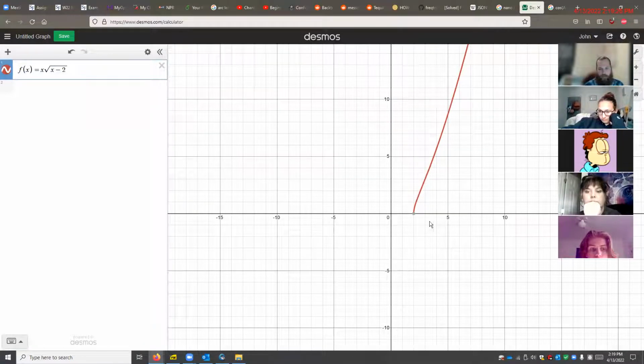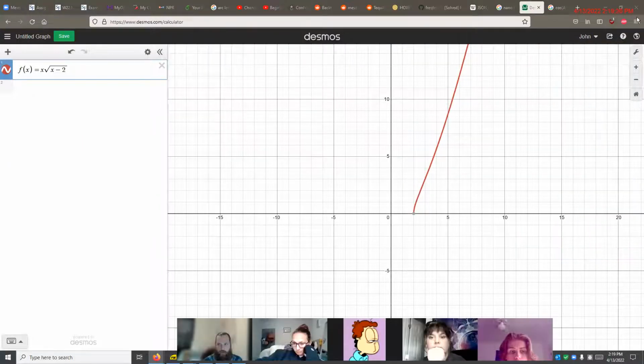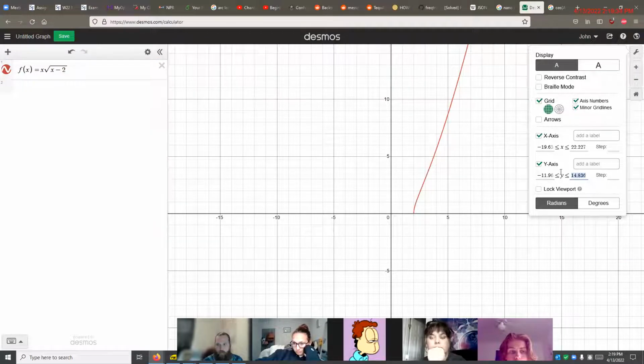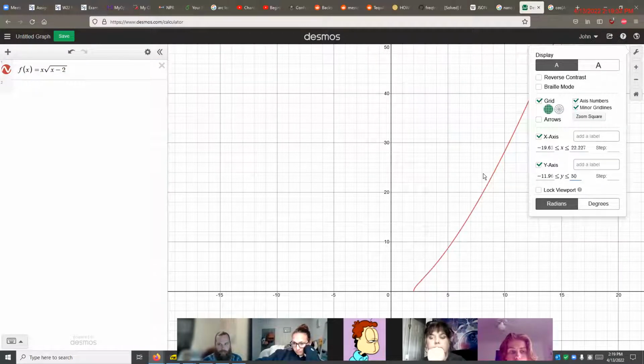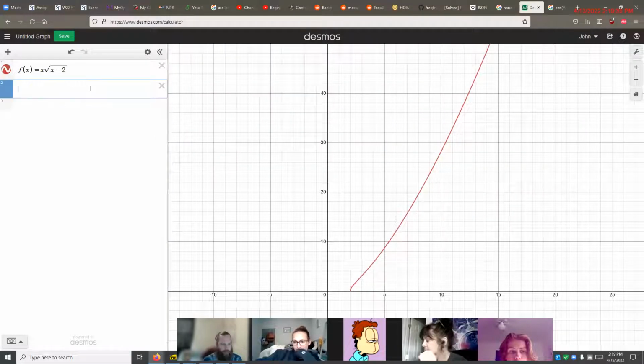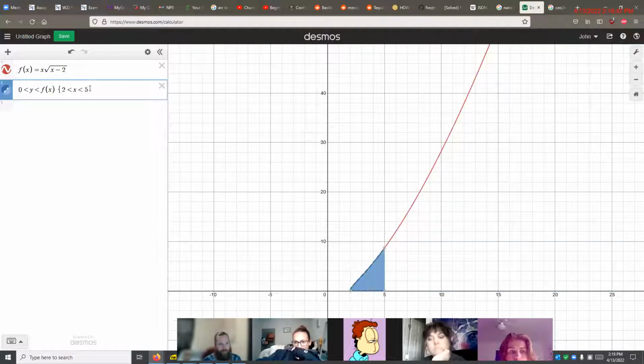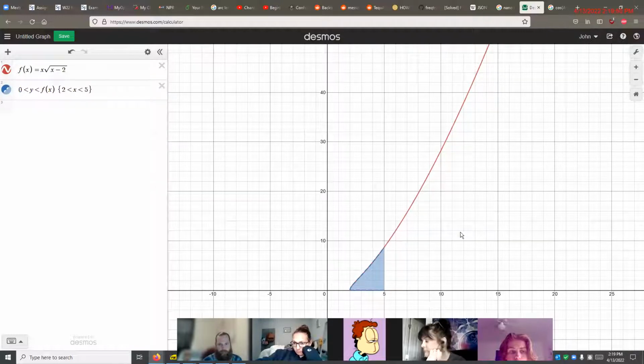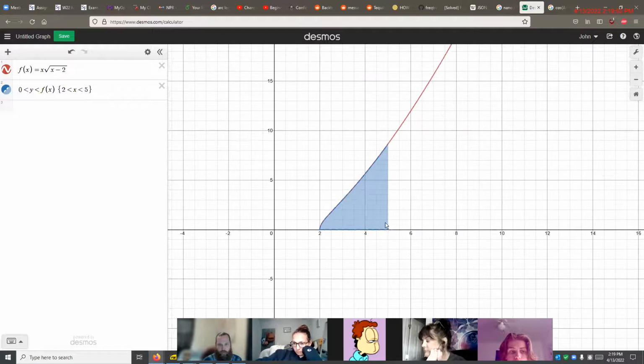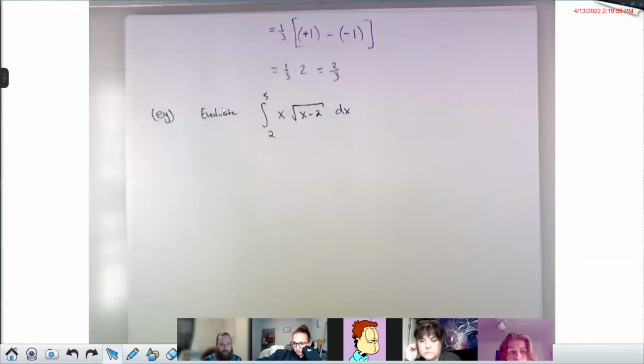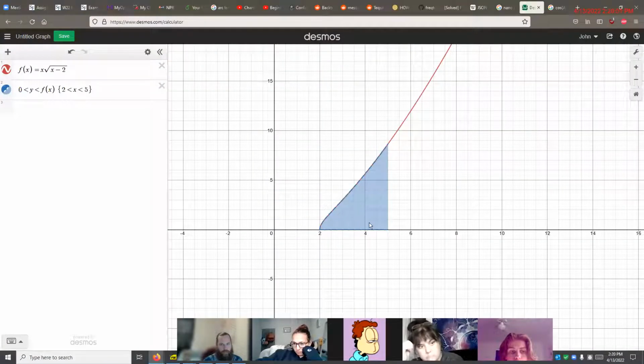I'm going to rescale my y-axis. All right. So here's this curve. And the definite integral that we're trying to compute, the integral from 2 to 5 of that function, is this blue area here. Just hold on to that in your brain.